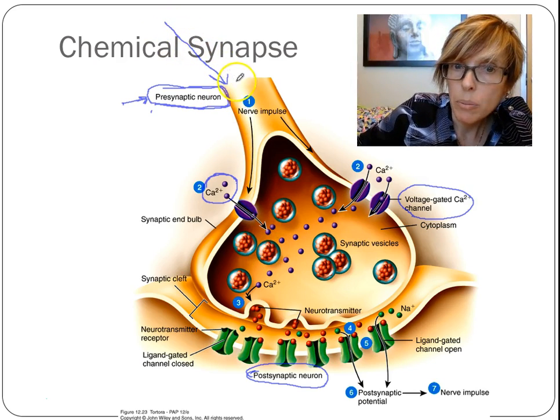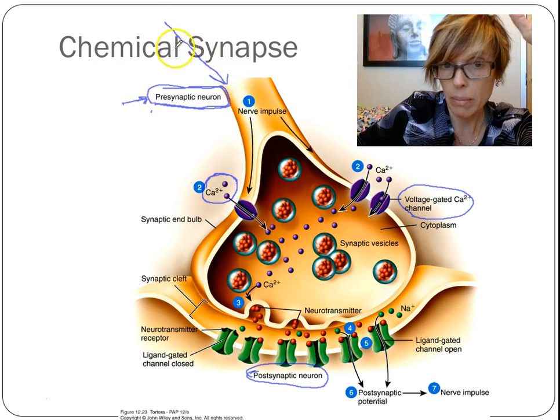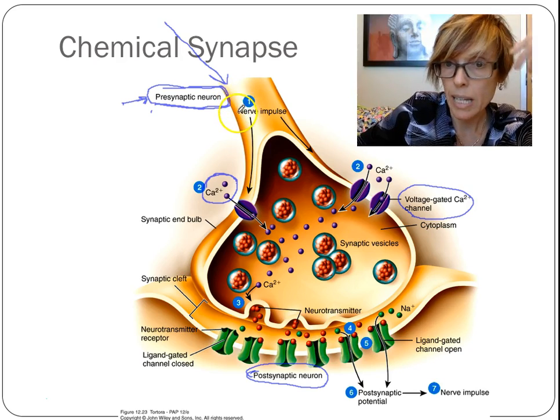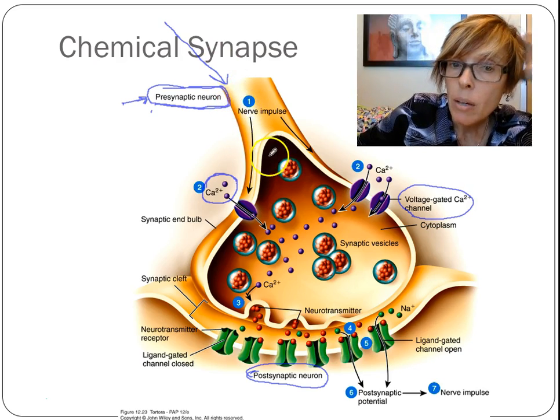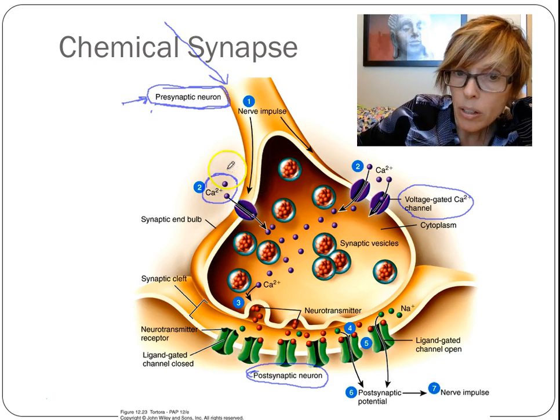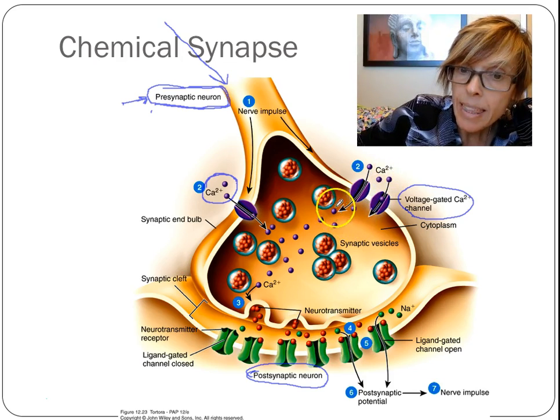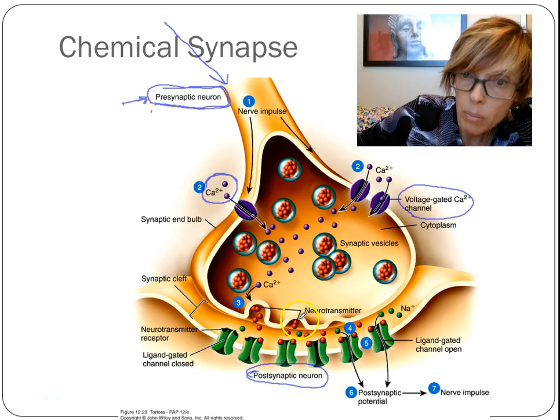Nerve signal comes down the presynaptic neuron, and by that, all that sodium, potassium channel stuff that we just talked about. When it gets down to the end bulb here, it causes the opening of voltage-gated calcium channels. Calcium comes into the cell. That stimulates these synaptic vesicles to bind with the cell membrane, and once it does that, it causes the neurotransmitter to be released.